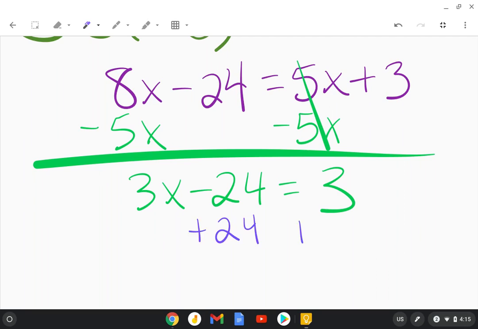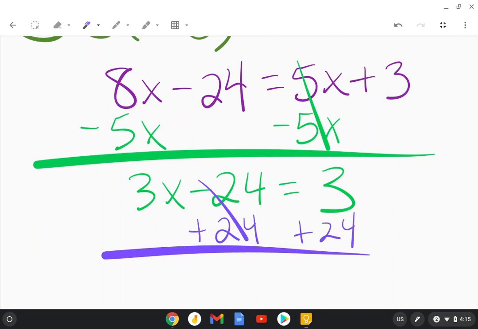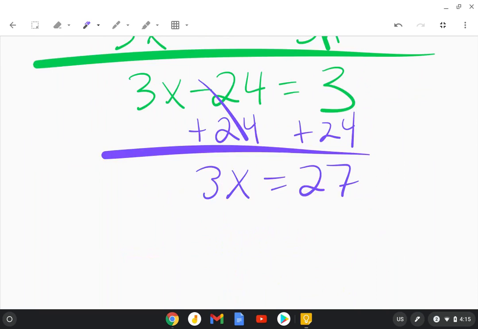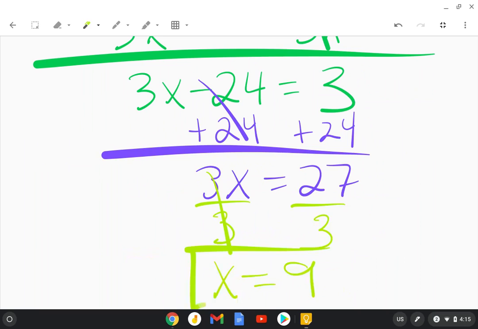Add 24 to both sides. 3x equals 27. And then finally divide both sides by 3. Cancels out, leaving me with x equals 9.